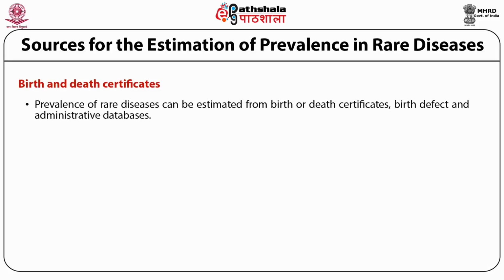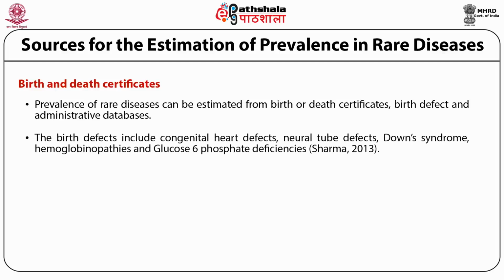Prevalence of rare diseases can be estimated from the birth or death certificates, birth defect, and administrative databases. It has been estimated that 7.9 million births occur with defects annually in the world, and in India, the reported prevalence was 61 to 69 per thousand live births. The birth defects include congenital heart defects, neural tube defects, Down syndrome, hemoglobinopathies, and glucose 6-phosphate deficiencies.